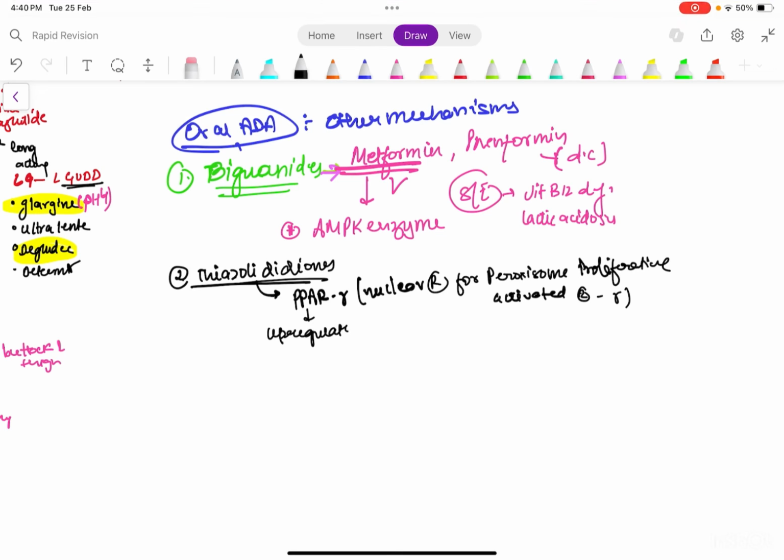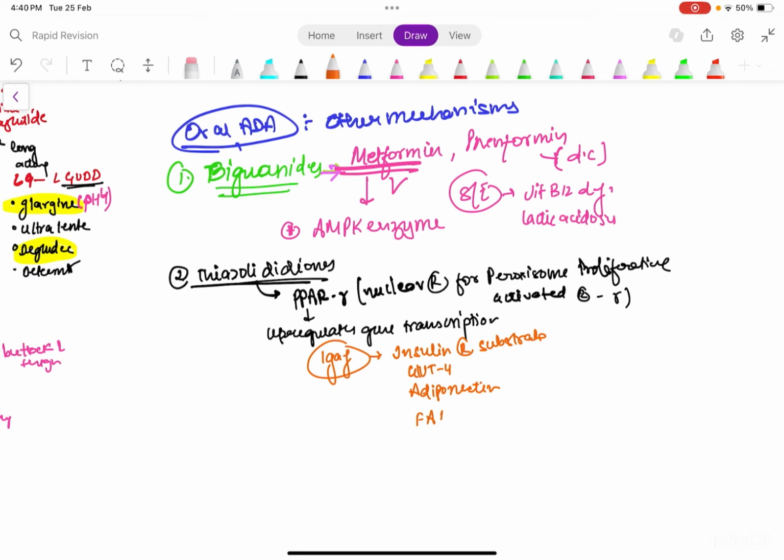So this upregulates gene transcription. Now which genes are involved? You can remember it by IGAF. I is insulin receptor substrate, G is GLUT4, A is adiponectin, and F is fatty acid transport protein.